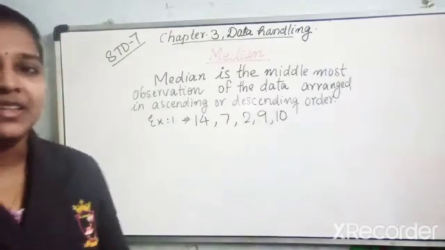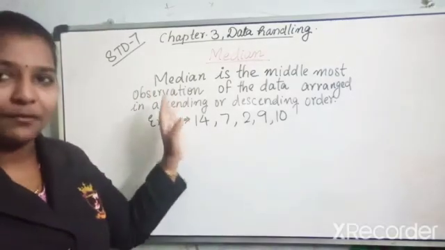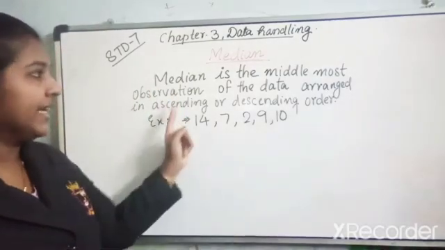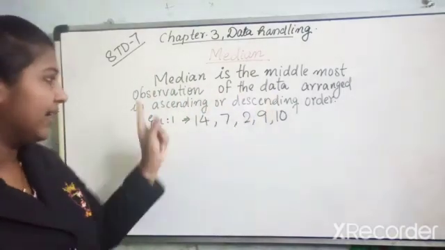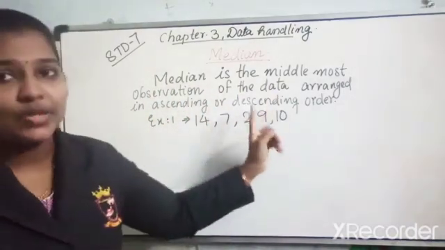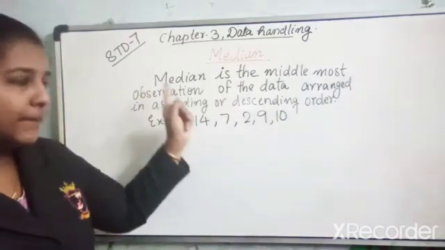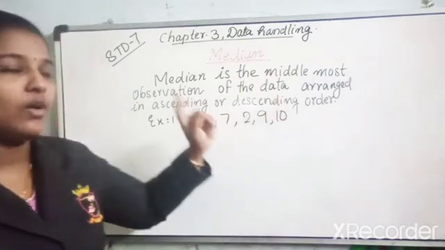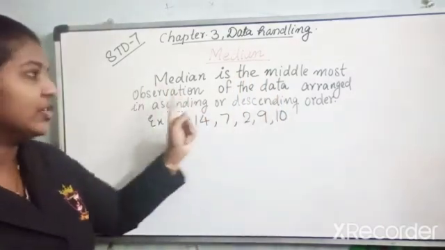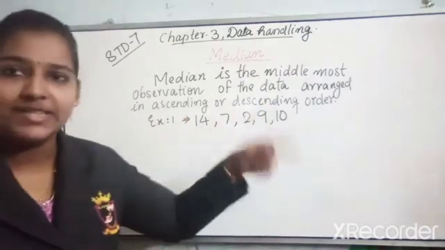So children, now we are moving to median. Okay. Here is the definition of median. Median is the middlemost observation of the data arranged in ascending or descending order. Once again, median is the middlemost number or middlemost observation of the data arranged in ascending or descending order.